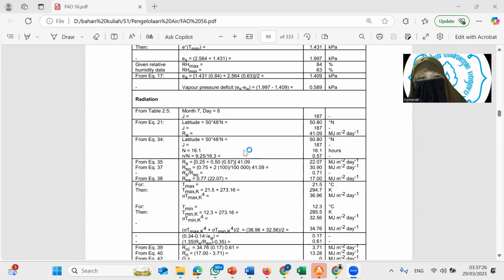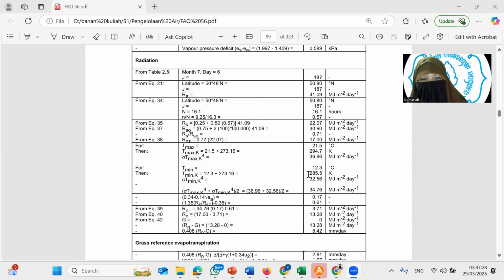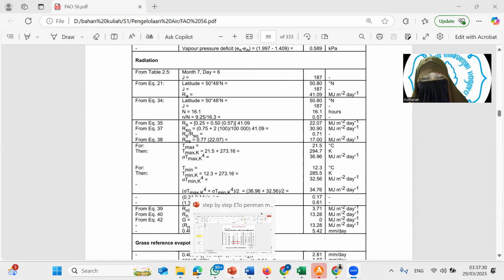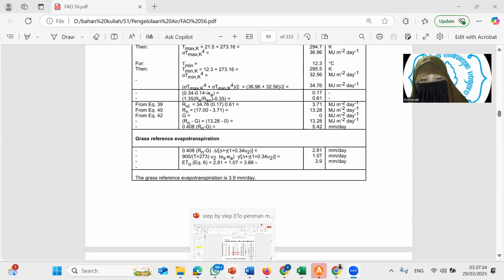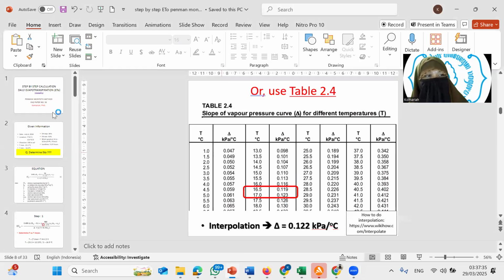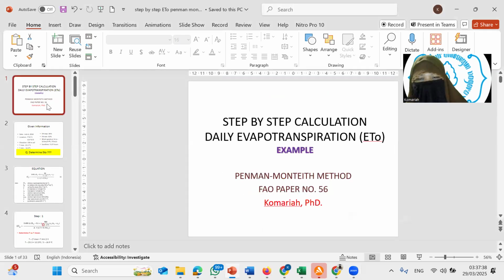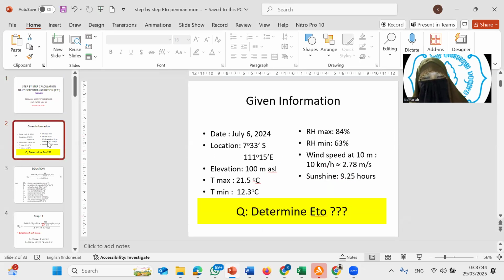Okay, so now I will present to you how to do this step by step with PowerPoint. This is the step by step calculation of daily evapotranspiration with an example. So I will not share screen because it's kind of complicated.